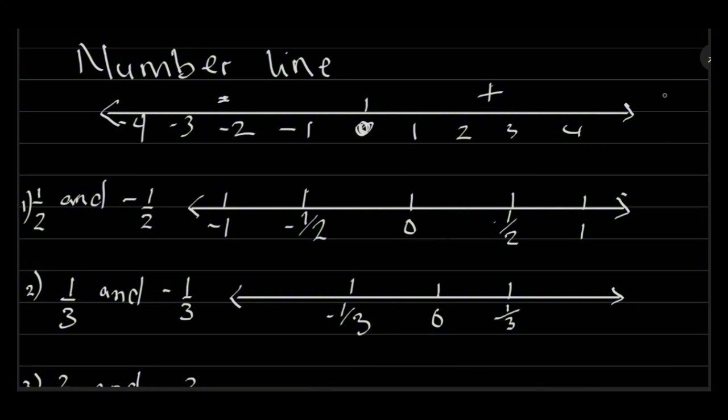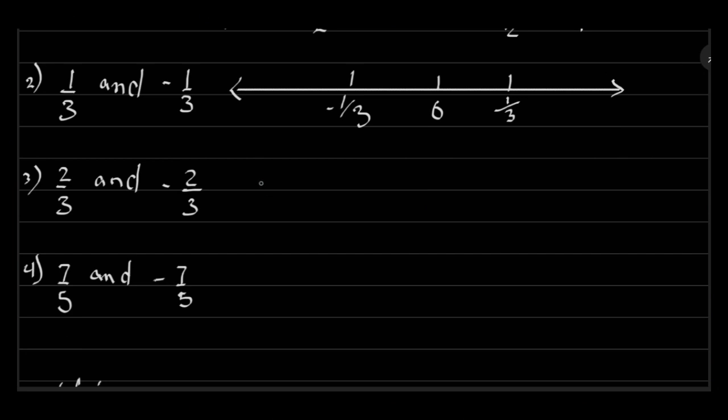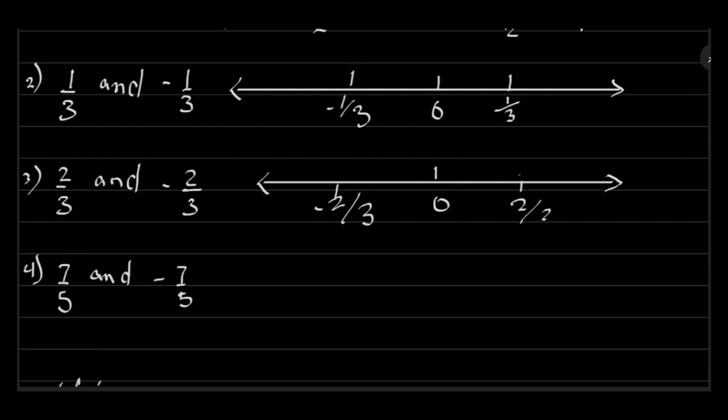You could go on and on. Then with number 3, 0. On the left, negative 2 on 3. On the right, 2 on 3 and 3. Alright.